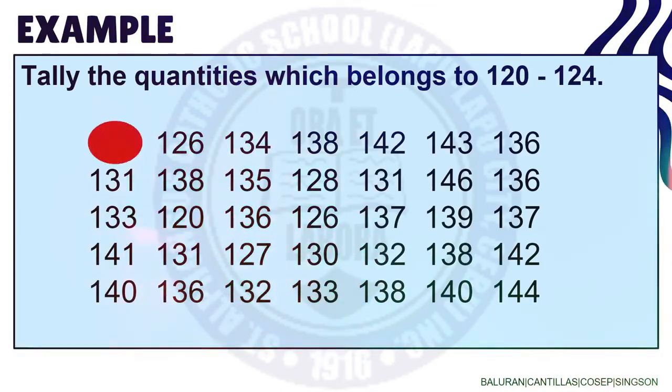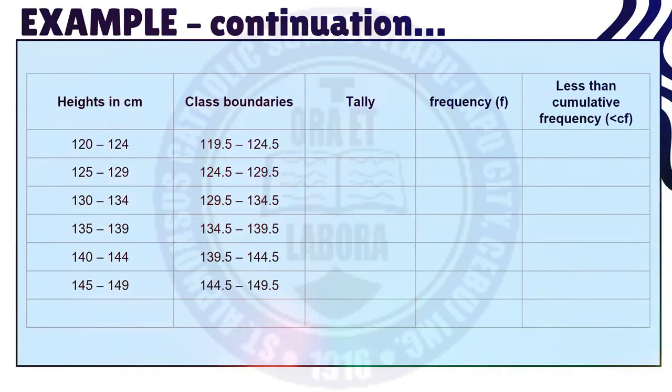And we have the following. We have seen 124, followed by 120, so in the first class, we have tallied 2 quantities. So this will be our frequency 2.